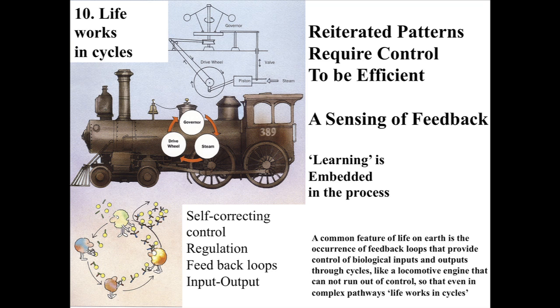Life also works in cycles. You'll see this over and over again. Many of you probably in high school biology were introduced to things like the Krebs cycle. Different biological metabolic pathways occur in feedback cycles and in loops. And there are ways of sensing this flow so that things don't build up in a sort of linear progression.